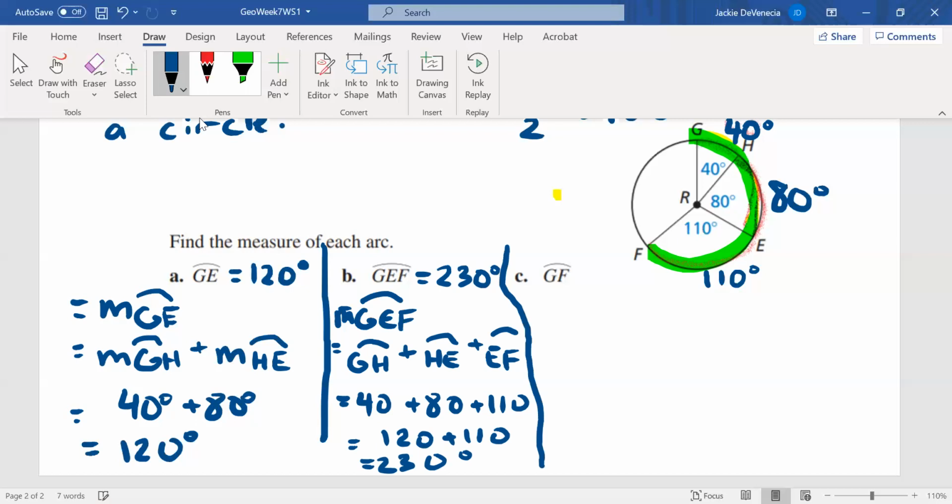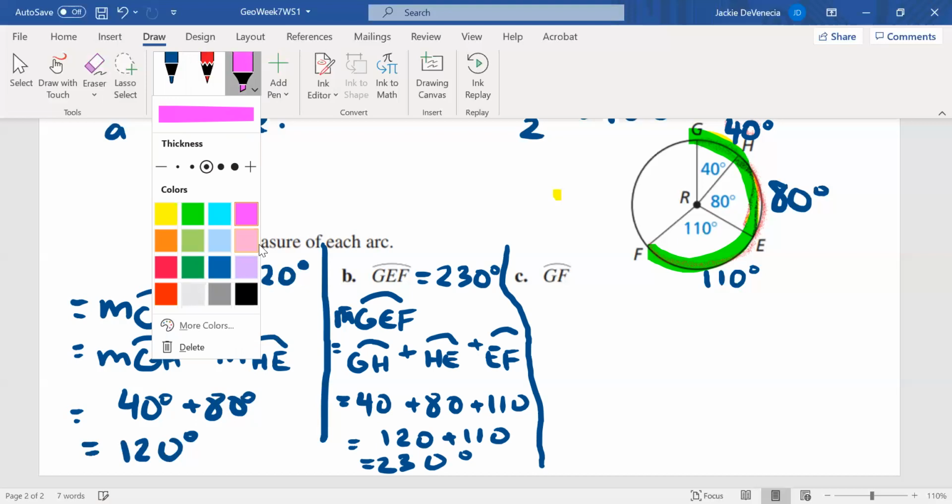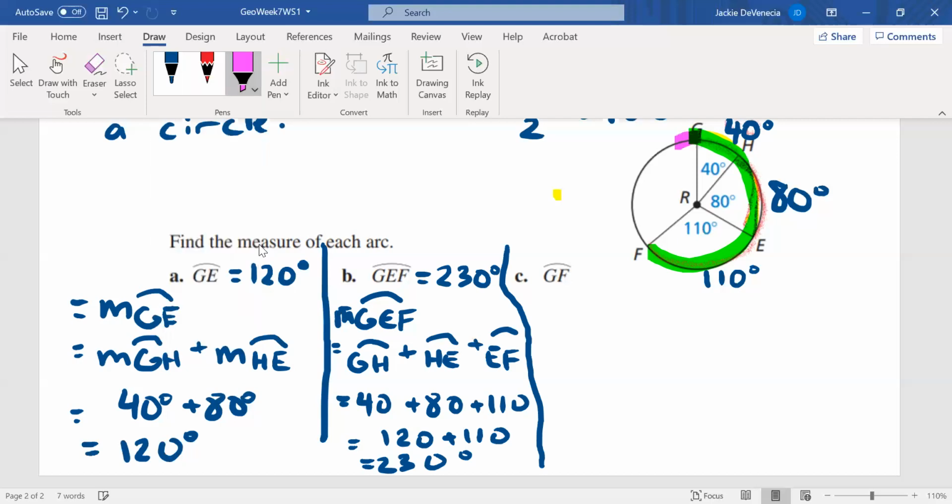Now we have to find GF. For finding GF, we're starting from G and going straight down to F. It'll look like this right over here. I'm trying to find the remainder of this circle.